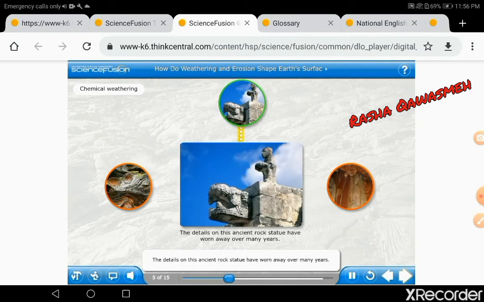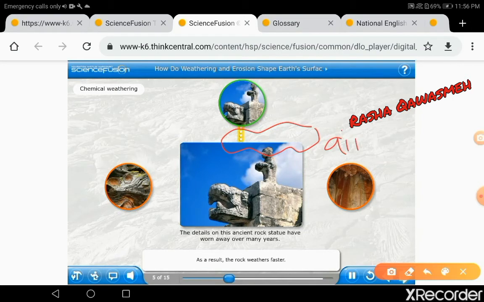The details on this ancient rock statue have worn away over many years. Recently, chemicals from air pollution have made this happen faster. The chemicals combine with rain and the result weakens the rock. As a result, the rock weathers faster. Now, as a result of air pollution, the rain will contain chemicals.